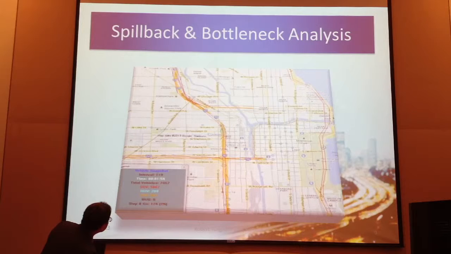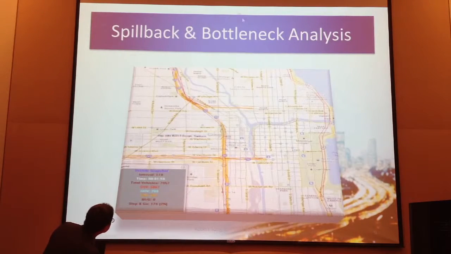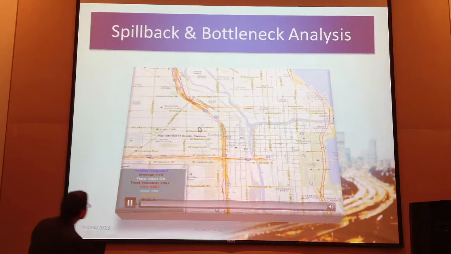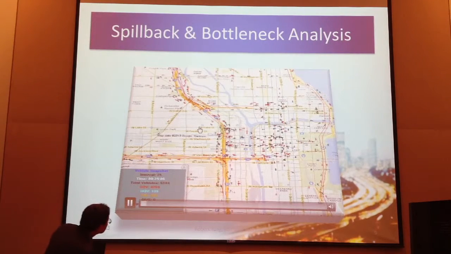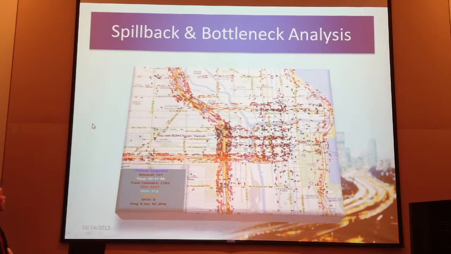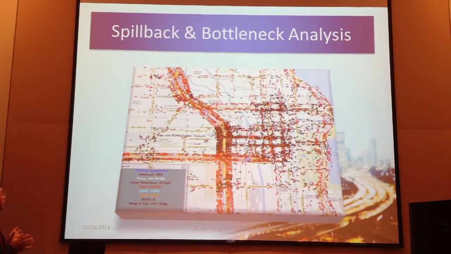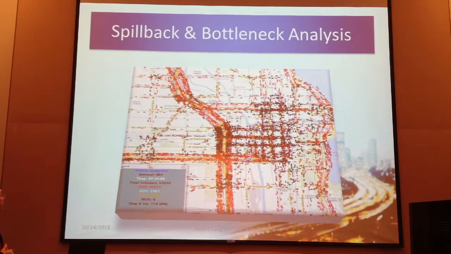If you overlay the snapshots, you can see where the slowdown areas are. Those dark colors represent concentrations of slowed vehicles.